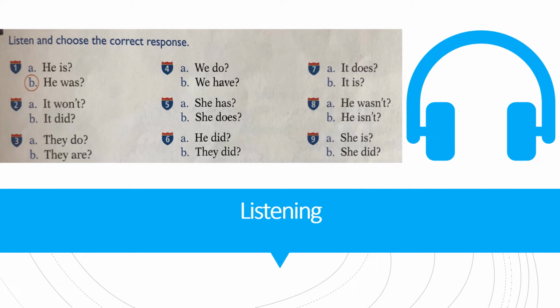6. Bob and Bill went home early. A. He did. B. They did. 7. It's going to be a difficult test. A. It does. B. It is. 8.